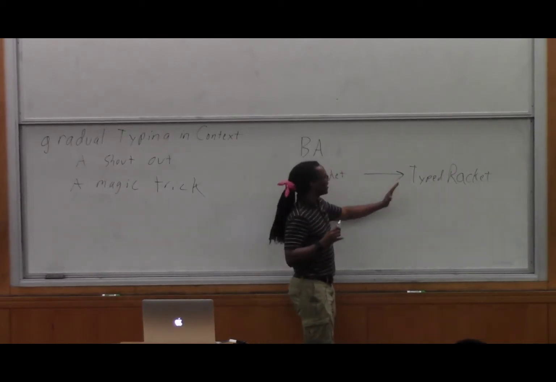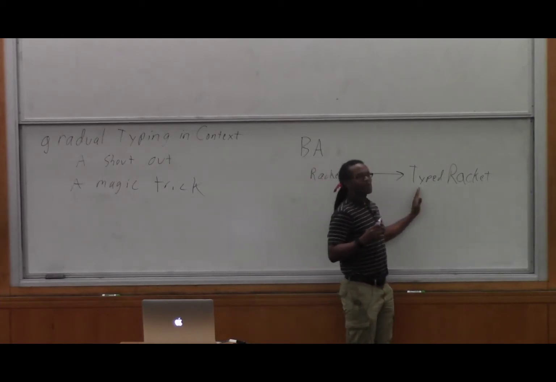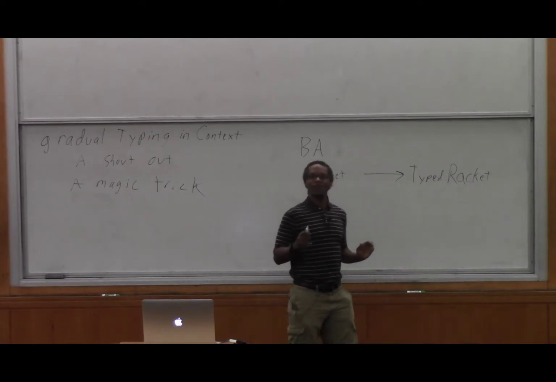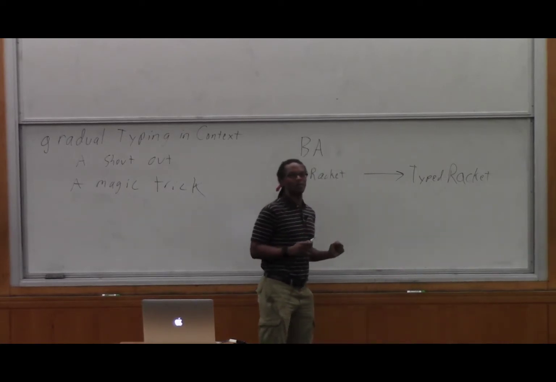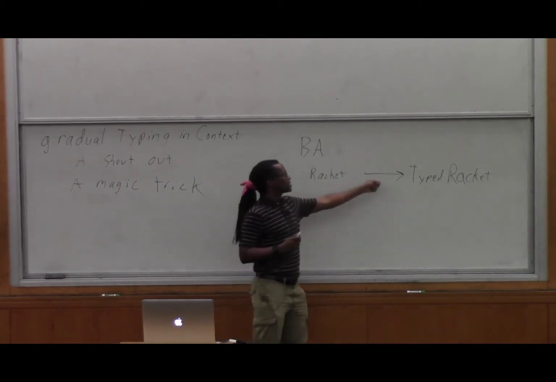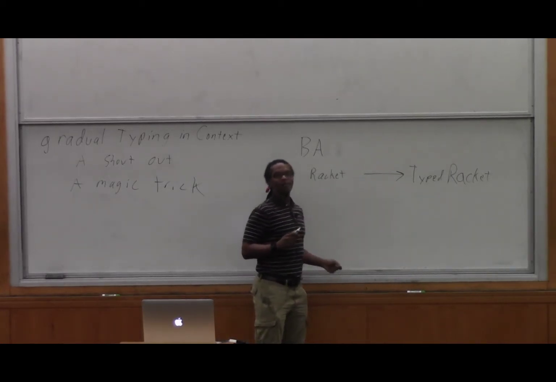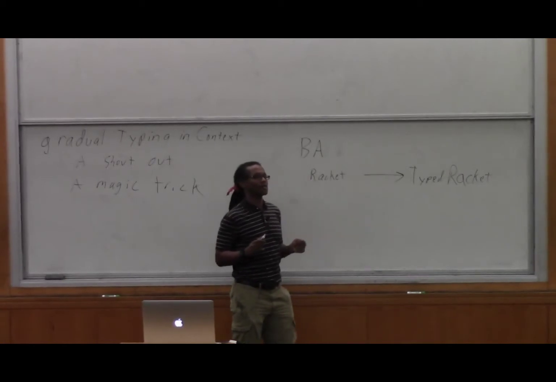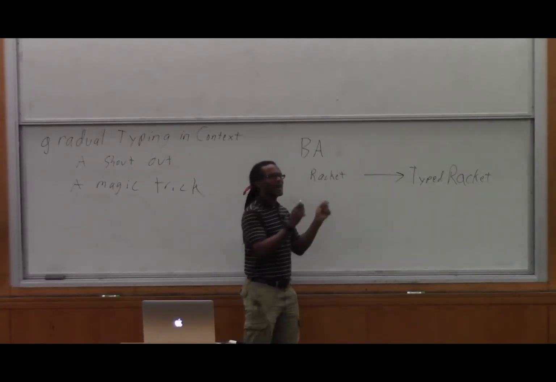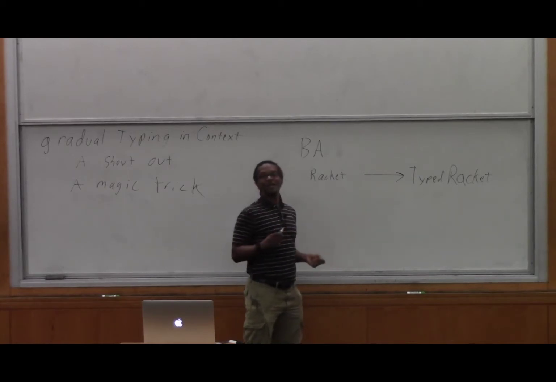Yeah. So you may end up with a language that can't type everything, where you try to type as much as you can, and then you accept that some parts of your language are going to be blue. An example of that in the context of this project is how the object system in Typed Racket works. It has a really sophisticated class system. Classes are not types. Classes are first-class objects.